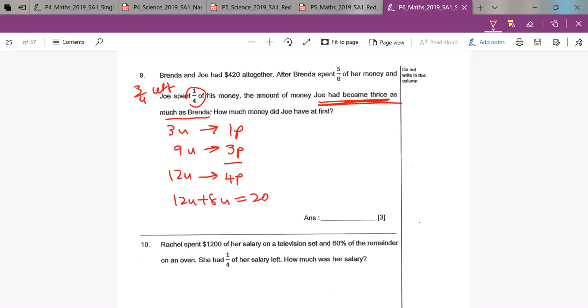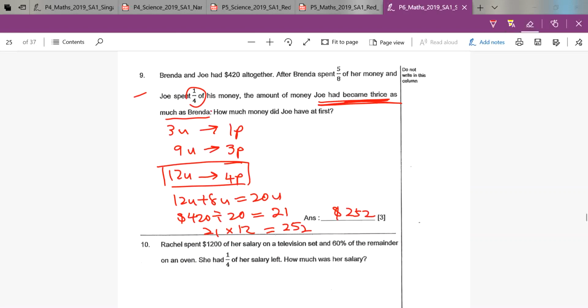It's 20 units. Use the 420 divided by the 20 units. You will get 21 again. 21 you times the 12 units that represents what Joe has at first. You're gonna get 252, and then you must add the $ sign: $252. Let's move on to the next question.